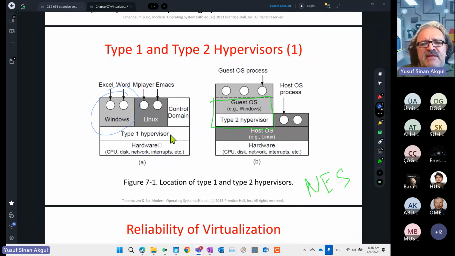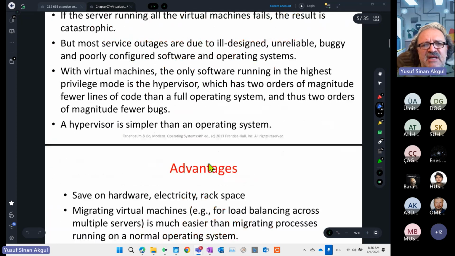That's why we say that software-related crashes for this whole system are minimal compared to the other kind of system. Okay, so we said that they are reliable.